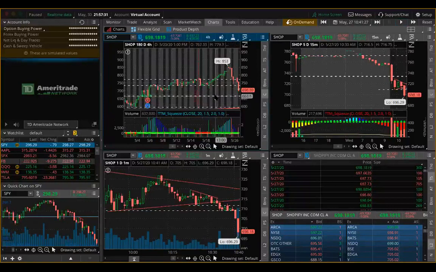Judging off of my levels, I say potential drop to 667. But I mean that's a long way. I say about 669. That's about a $20 move, right? $30 move actually. Like a $30 move. So we're saying that SHOP is going to drop $30 based off of my levels.